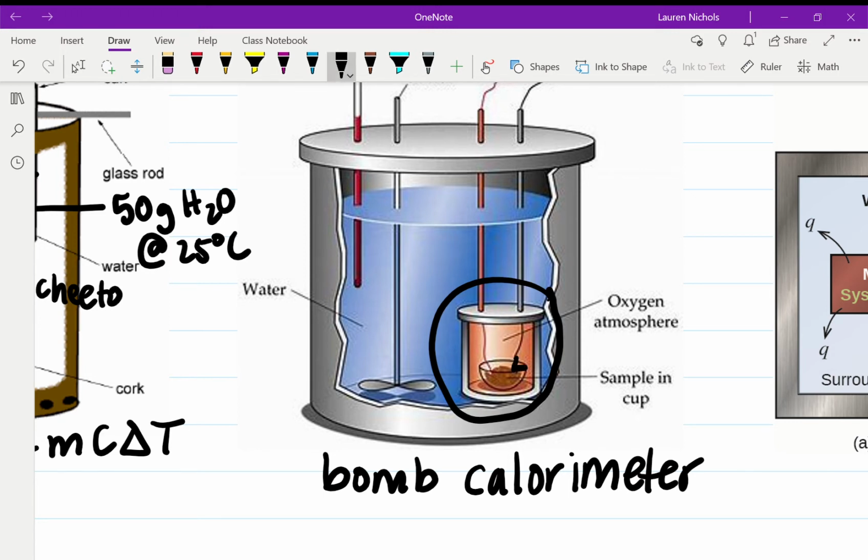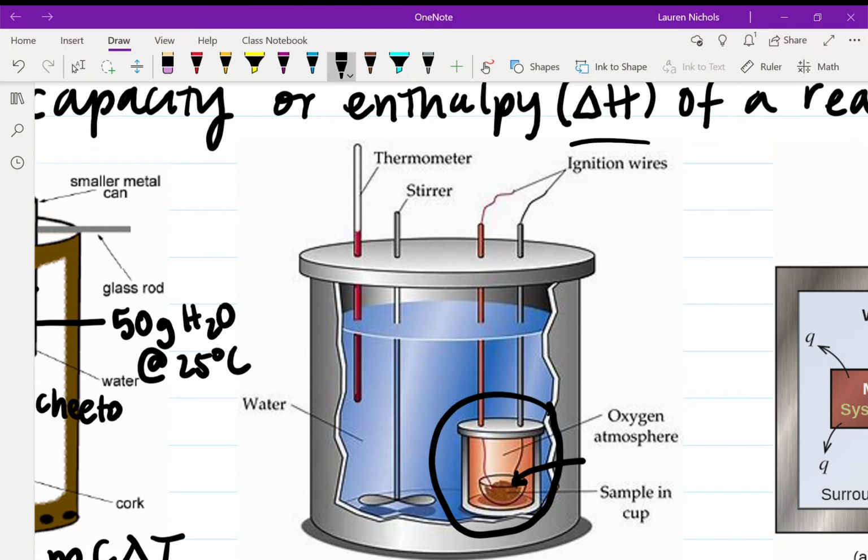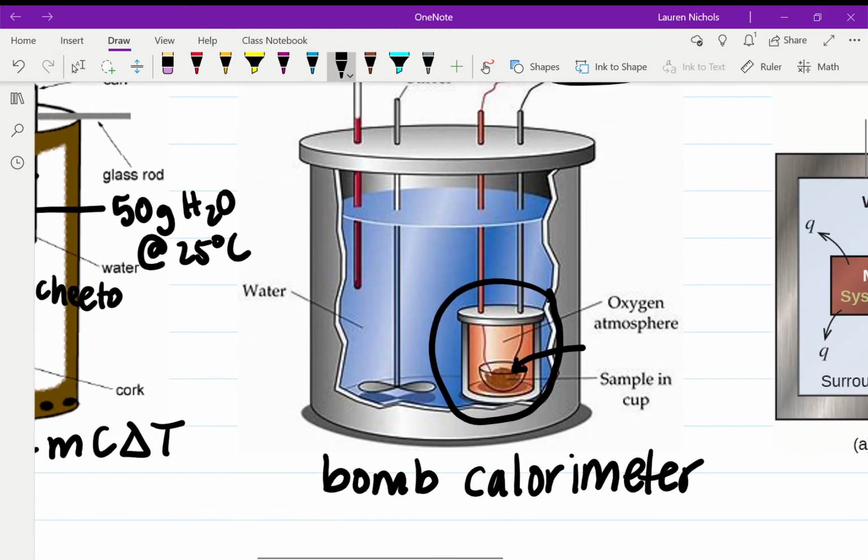Basically, they would put a Taki in this little cup here, and there's oxygen in the atmosphere, and so these ignition wires would create a spark that in the presence of all that oxygen would literally set off a little food bomb inside the device.